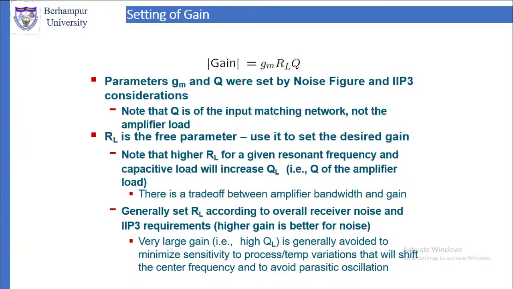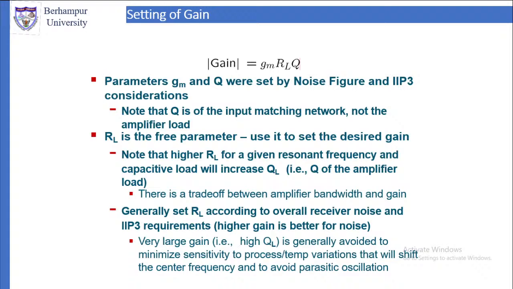Now how to set the gain? So setting up the gain is equal to Gm into RL into Q. So the parameters are Gm and Q. These are to be set by noise figure and IIP3 considerations. Note that Q is of the input matching network, not the amplifier load.